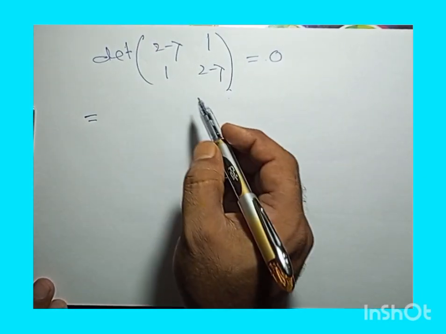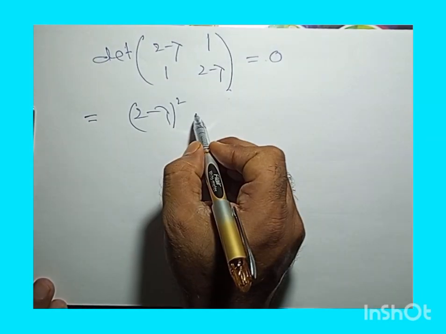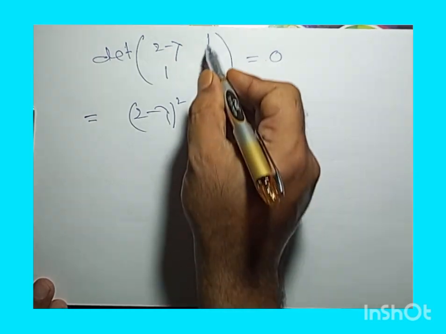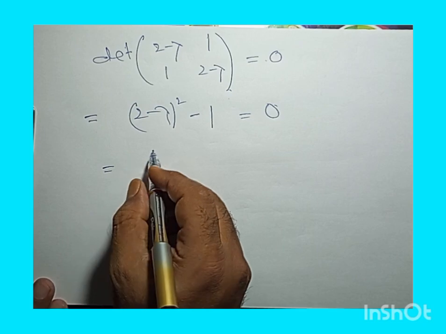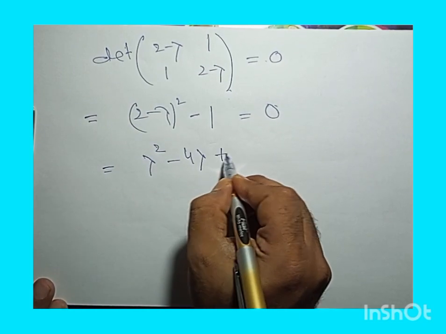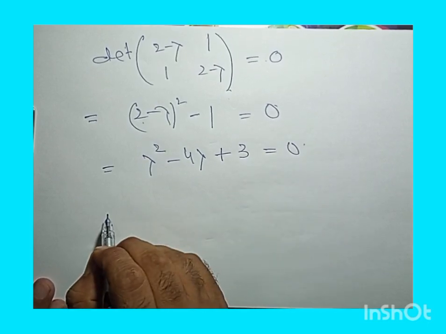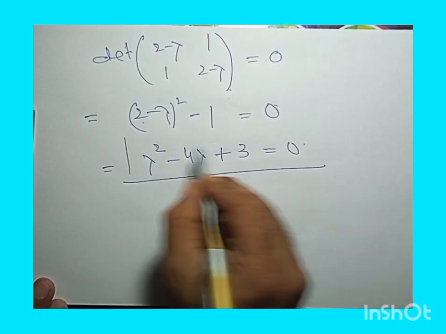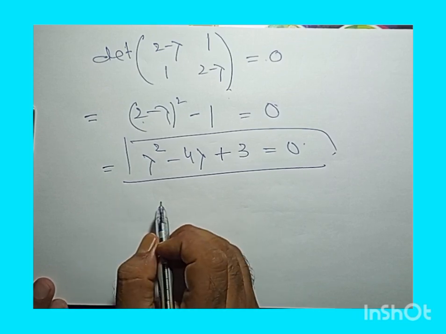So if we solve this, this will be 2 minus lambda whole square, minus 1, equals 0. This gives us lambda square minus 4 lambda plus 4 minus 1, which is 3, equal to 0. We can solve this quadratic equation and find the roots.